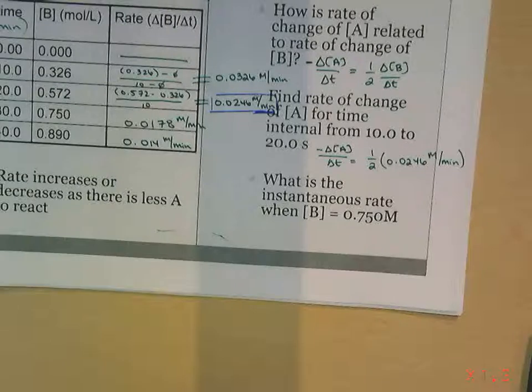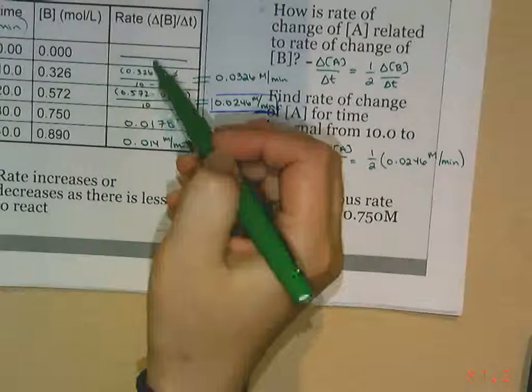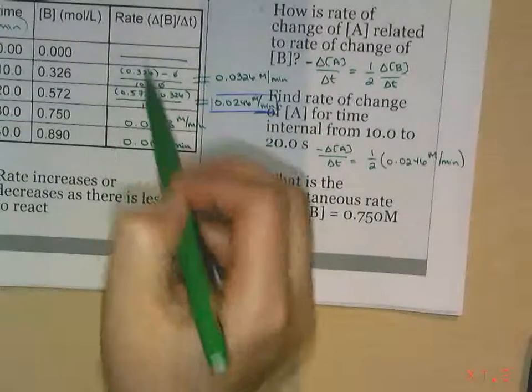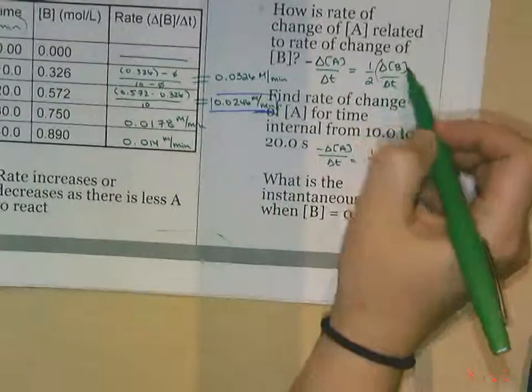Lots of blank stares. Because it's so obvious? No, maybe not. Right, so in this table over here, we figured out all the delta B's. So I just plugged my delta B into my equation.